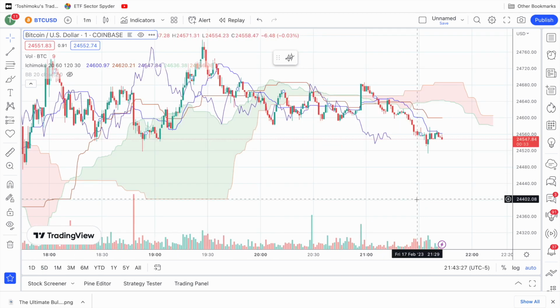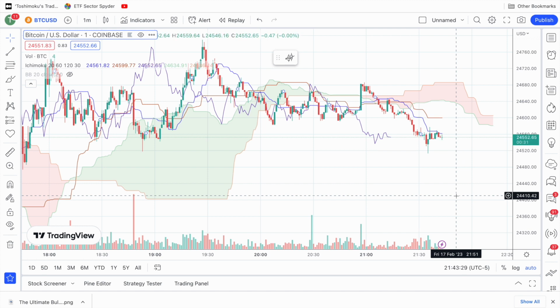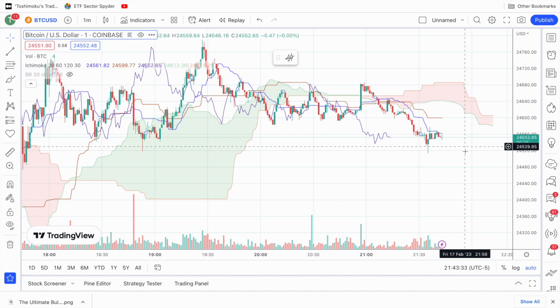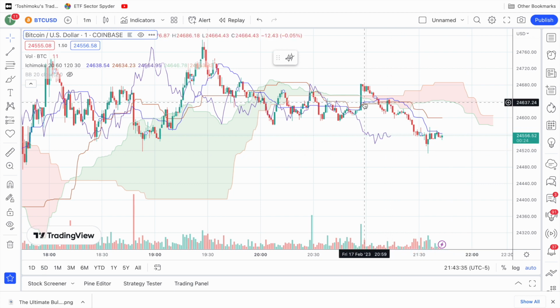And here's the 1-minute chart. So here you can see that on the 1-minute chart we have the red cloud, we have price below the cloud, and the conversion line and baseline switched a couple minutes ago, and now you can see that the lagging line is below as well. So this trade might have triggered right around here, and it is continuing downward.